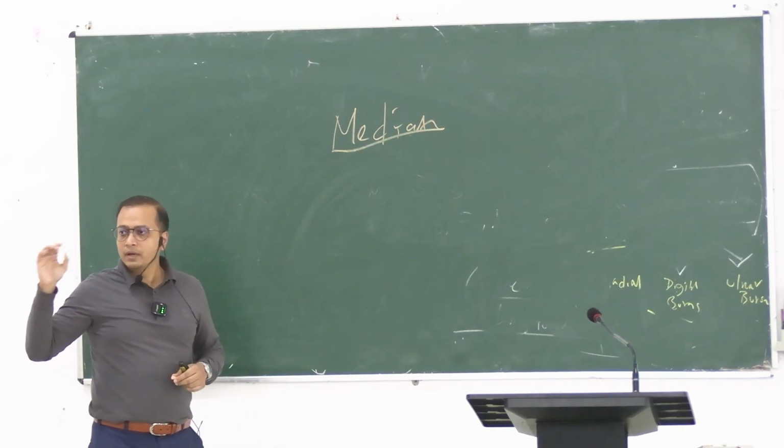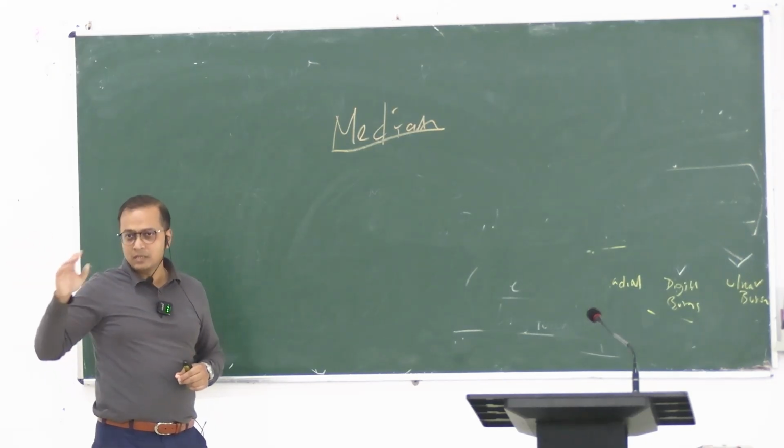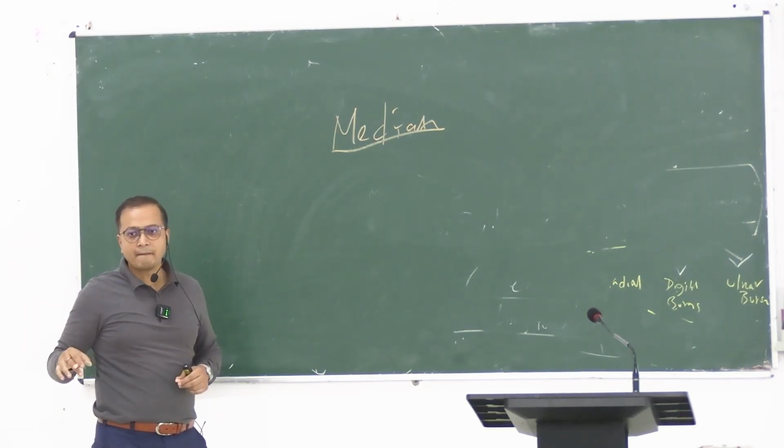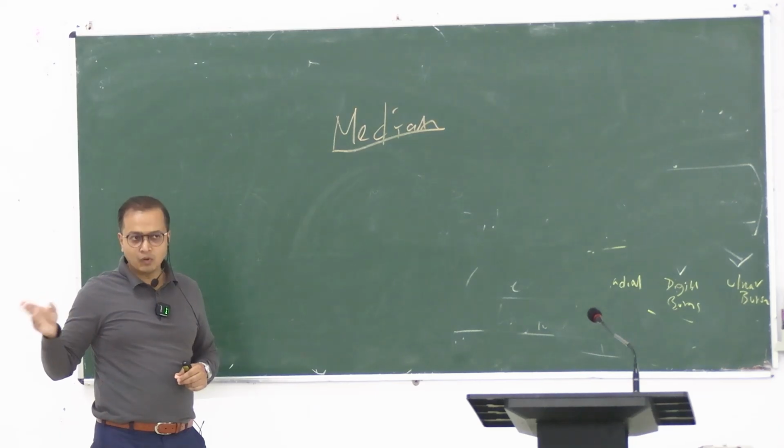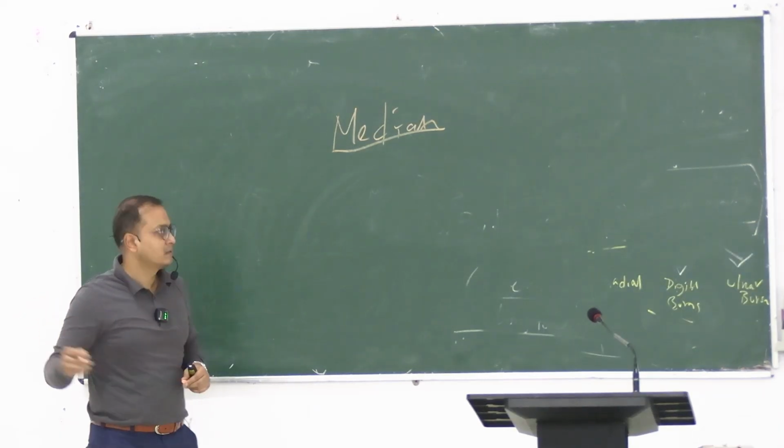What kind of nerve is the median nerve? Sensory, motor, or mixed? Mixed. Why is it mixed?